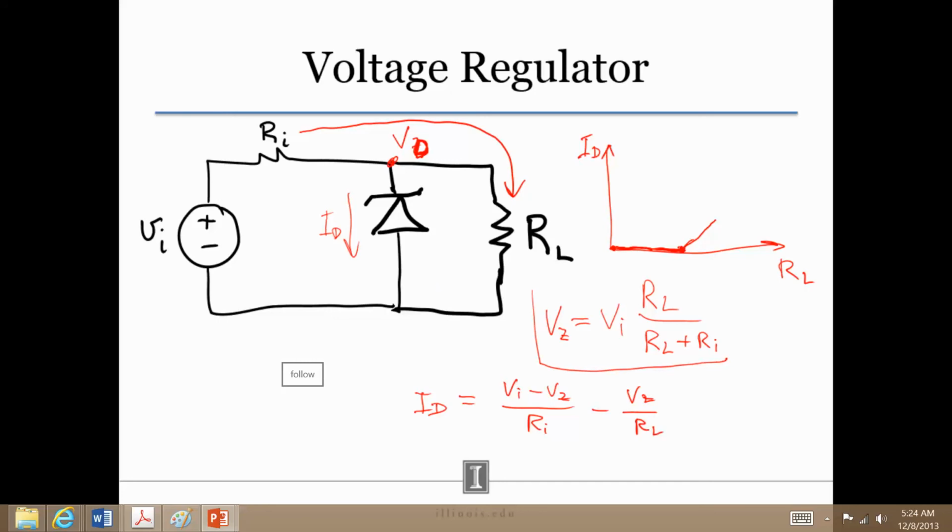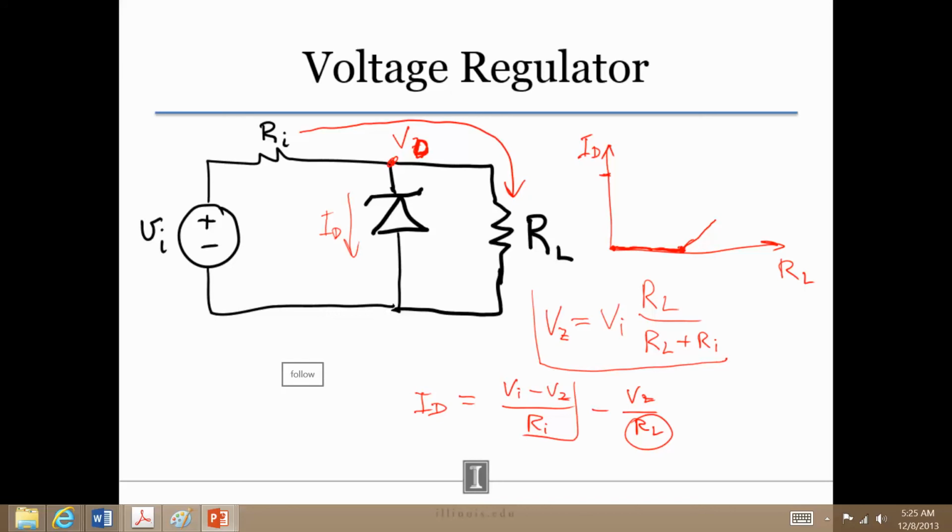Okay? So it is inversely proportional to RL, and when RL finally reaches infinity, this is going to be the max value. Okay, so the max value of it is just VI minus VZ divided by RI.